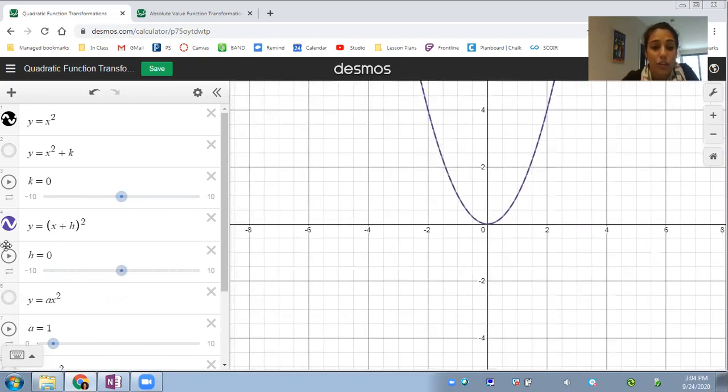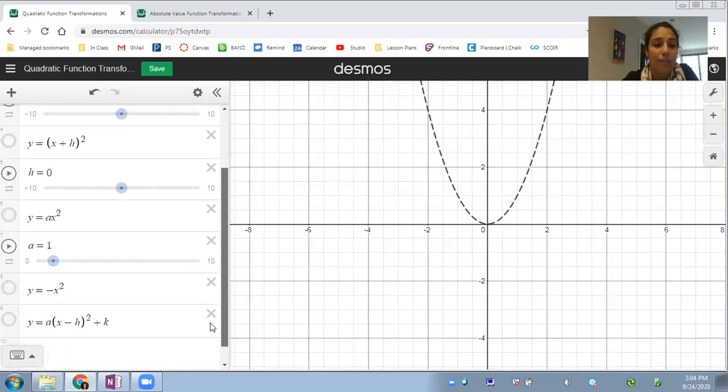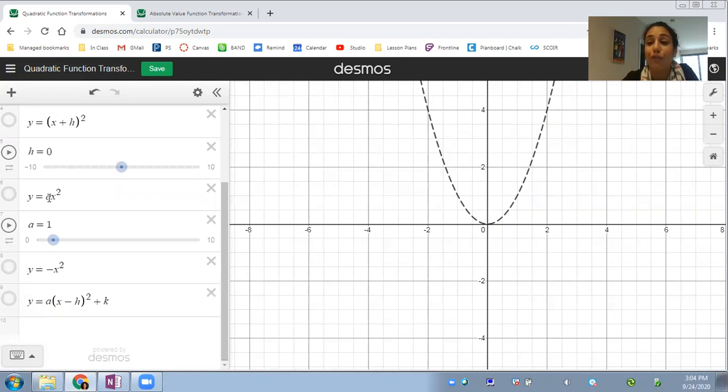Okay? So let's try another one. So we have k, but it's at the end, it goes up and down. H, when it's inside, it goes right and left, but it goes the opposite of the sign that you think it's going to go. Okay. What happens if I have a coefficient in front of the x squared? So when it's just x squared, the coefficient is 1, right?